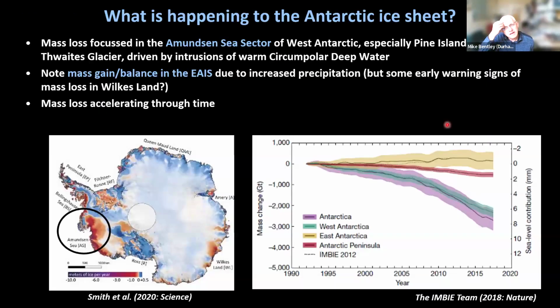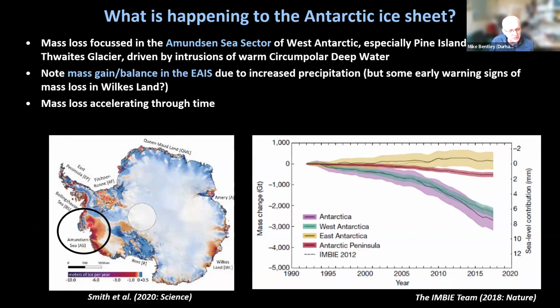So what's happening to the Antarctic ice sheet at the moment? Spatially, this is a map which is showing the change in the elevation of the ice sheet over the last 10 to 15 years or so, per year, in meters per year. So where you see the warmest colors, these browns through to this rather dark red, that's loss of ice, going to about 10 meters of ice per year.